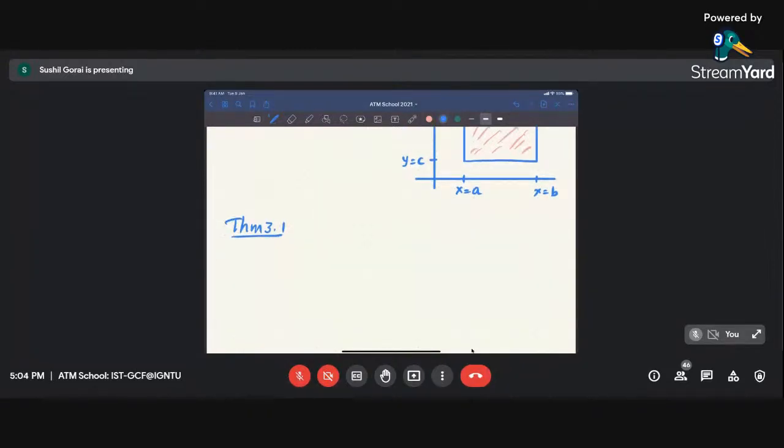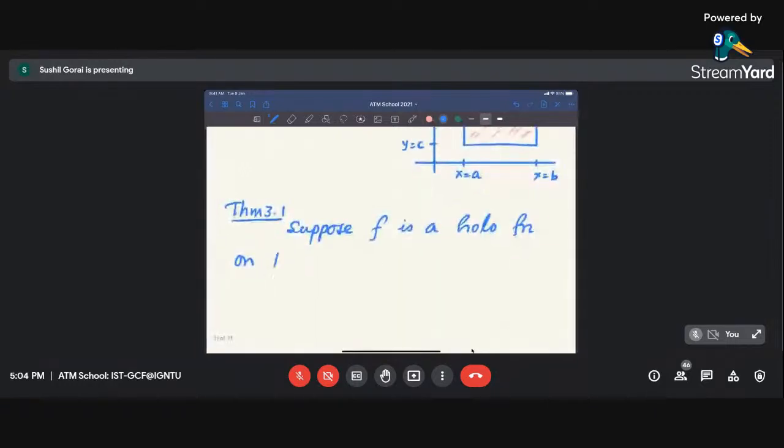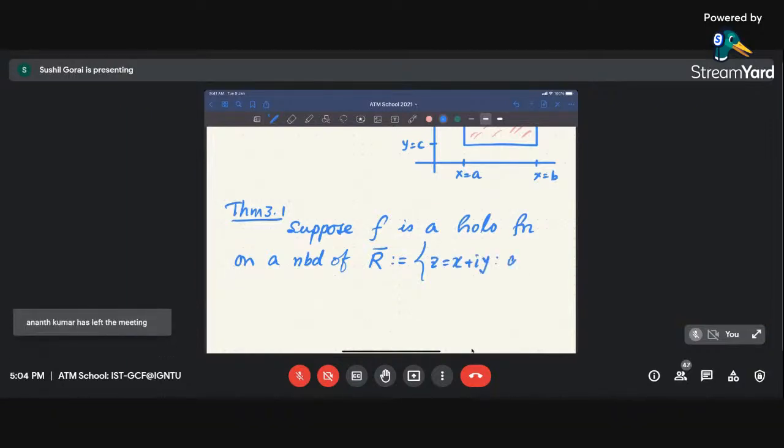Suppose f is a holomorphic function on this rectangle R, on a neighborhood of R closure. R closure is nothing but z equal to x plus iy, such that a less than or equal to x less than or equal to b, and c less than or equal to y less than or equal to d. All right.